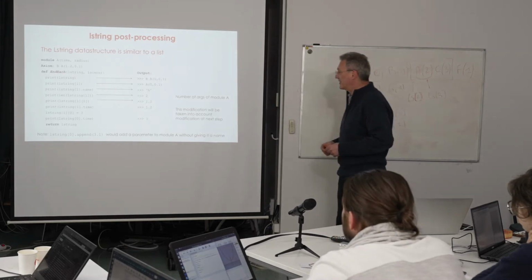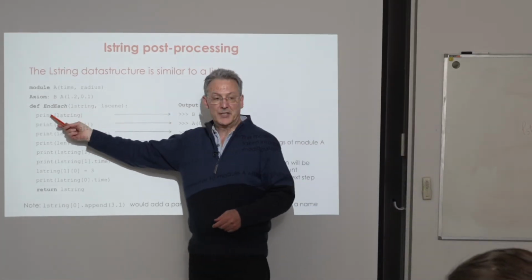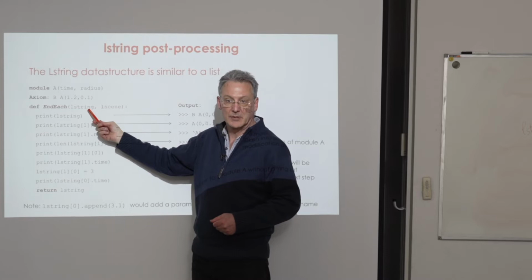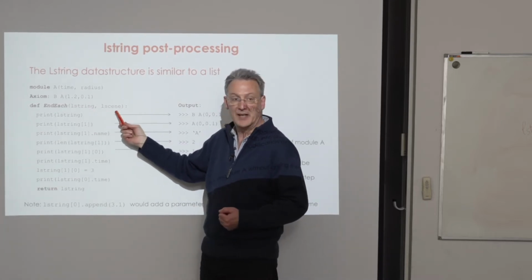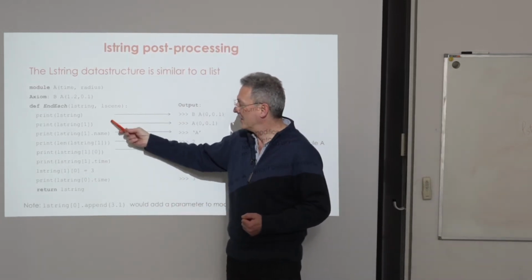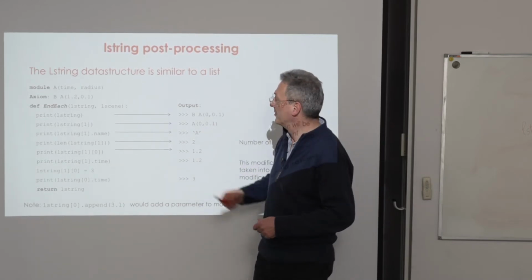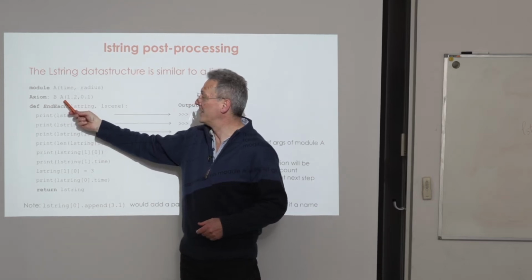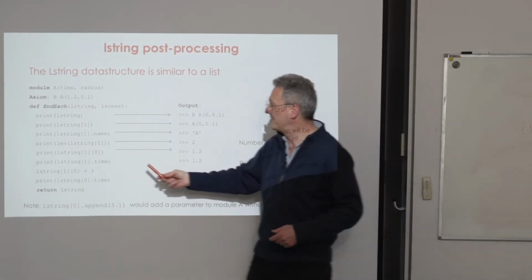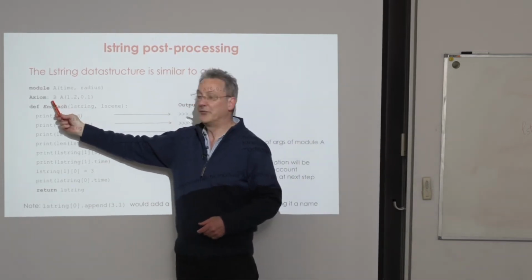So basically how this is used, it is used here. In the EndEach function, I get the current lstring. I get the current lscene. And here, if I want, I can look at the lstring within the Python script. So for instance, if the string is B and A with 2 parameters, I can retrieve everything. For instance, here, I can take the name of the first module, which would be A. This is the zeroth module.